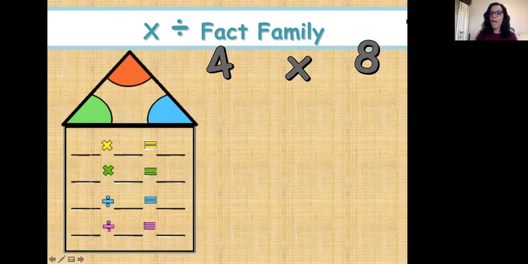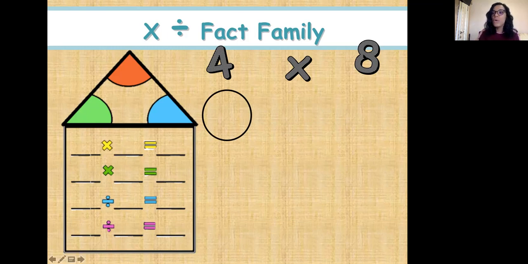All right, so let's try one with a problem where we don't have the 3 numbers. We don't have the biggest number. We only have 4 times 8, okay? So the first thing that we need to do is to figure out the multiplication. How many circles could we do? How many groups?